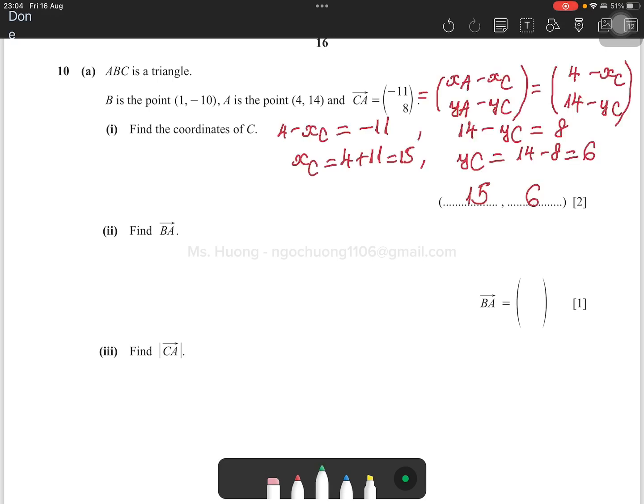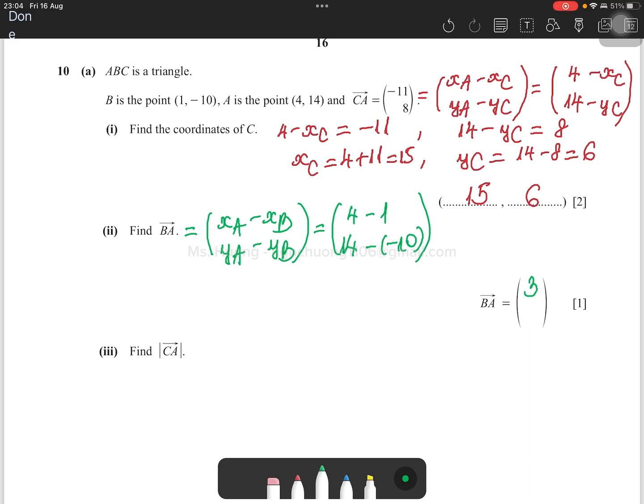Second question, find the vector BA. This one is equal to XA minus XB, YA minus YB. XA is 4, XB is 1, YA is 14, YB is negative 10. So 4 minus 1 is 3. 14 minus negative 10 means 14 plus 10 equals 24.